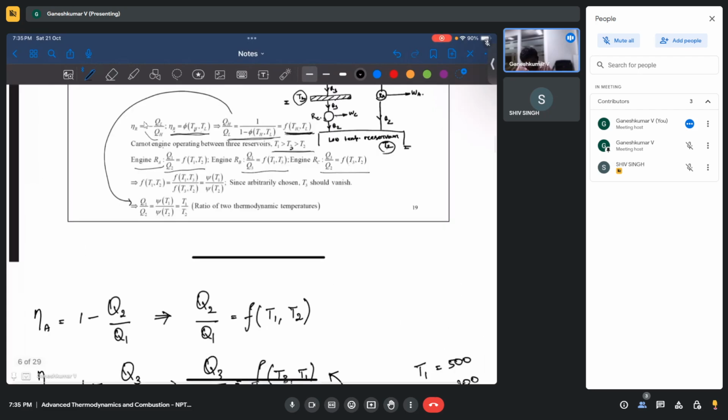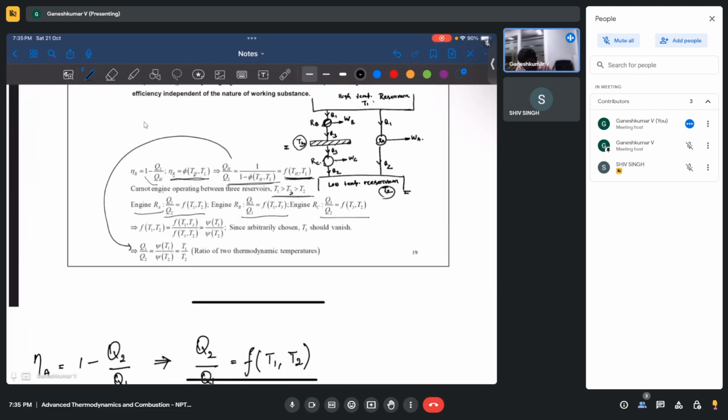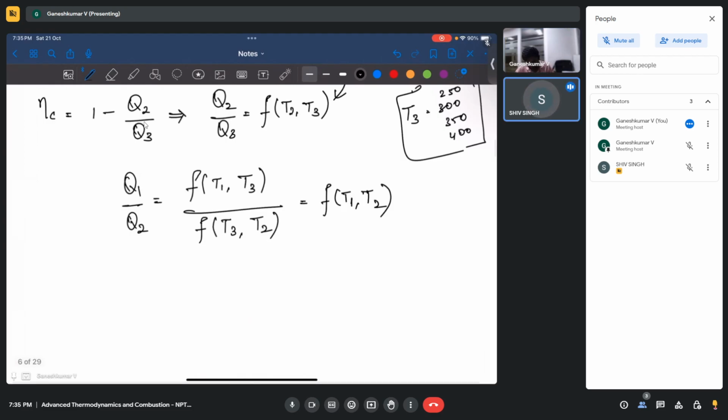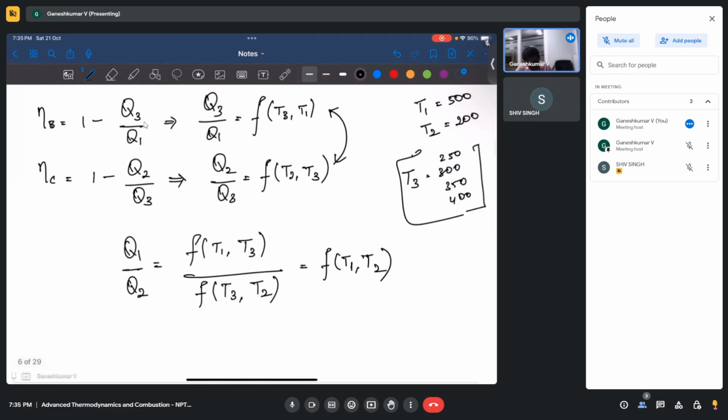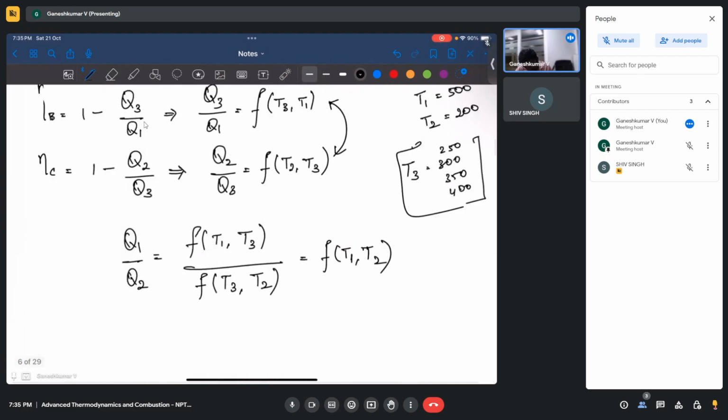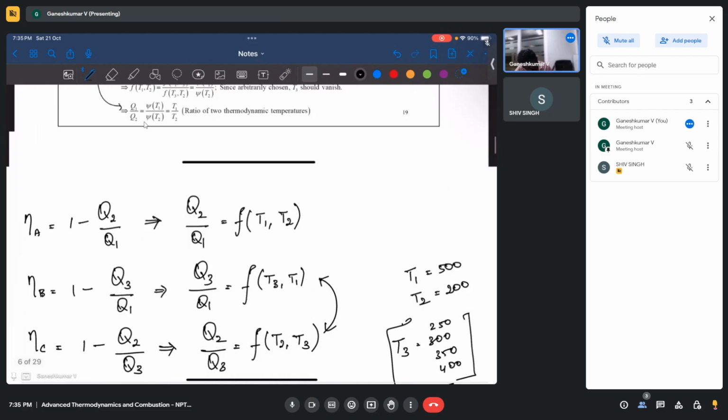The reason is all are reversible engines, and reversible engines are going to give you the same efficiency.